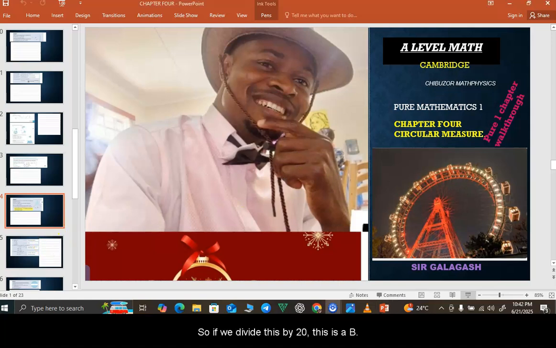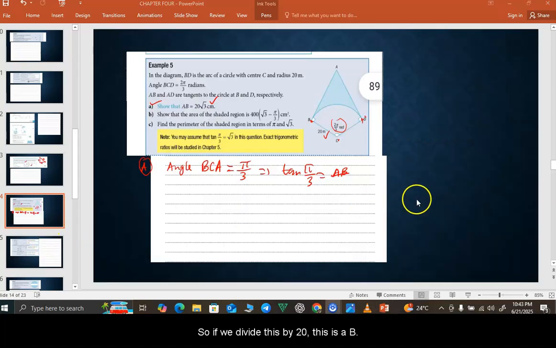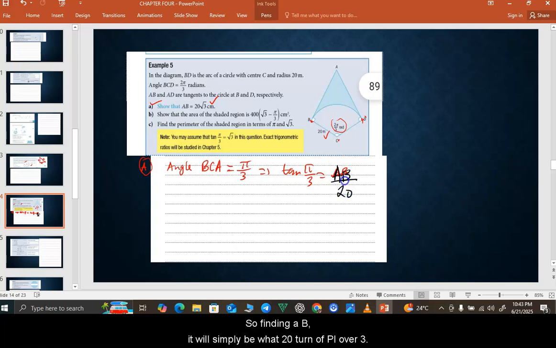So if we divide this by 20, this is AB. We divide that by 20. So finding AB, it will simply be what? 20 tan of pi over 3.